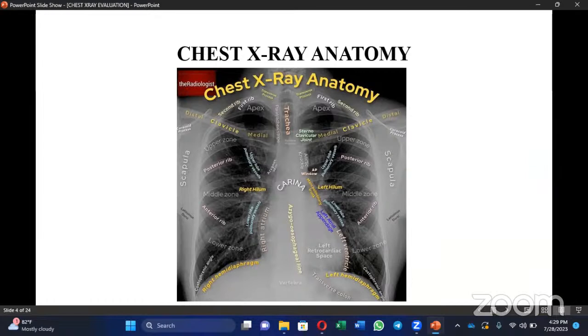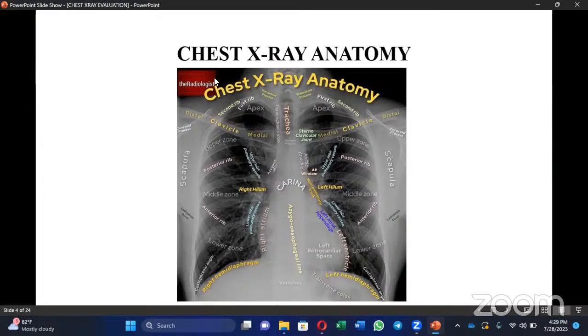For the superior border, you should be able to see the sixth or seventh spinous process of the cervical vertebrae. All right, that's for the superior portion.